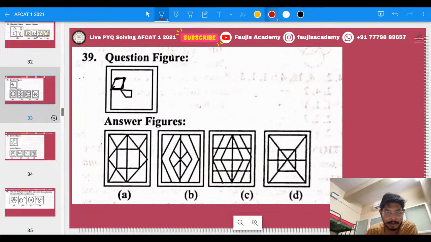Okay, let me use another pen. 39 guys, quick. If you look at it more carefully, can we draw something like this over here, and something like this over here? So 39, which one will be the answer? We'll go ahead with C as the answer.